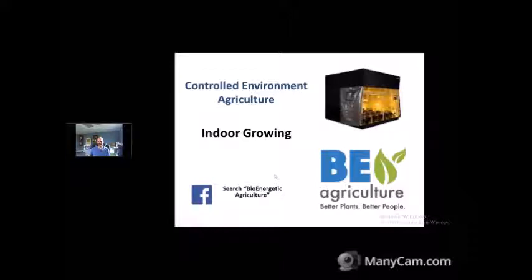The reason for that is the people that do it understand the ability to create an environment within a localized environment. There's a lot of value that is lost in shipping food thousands of miles.